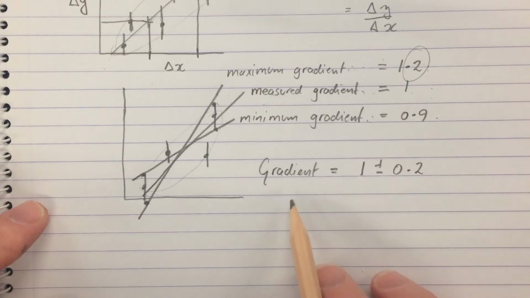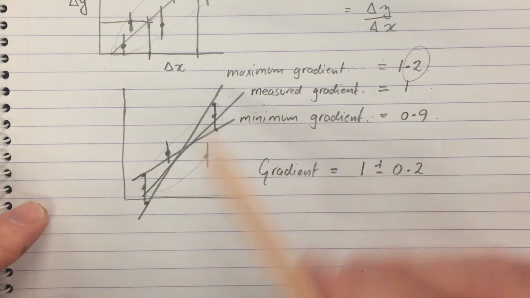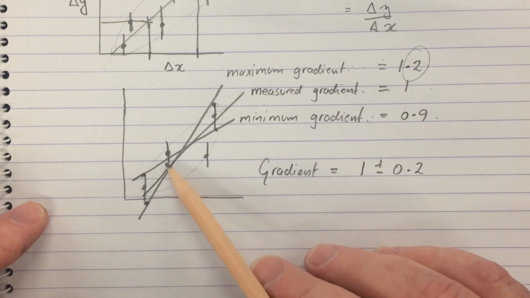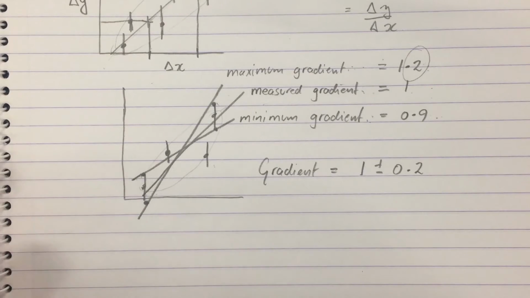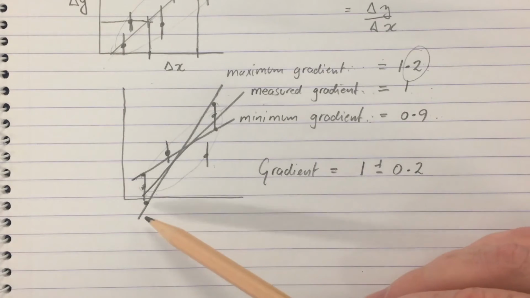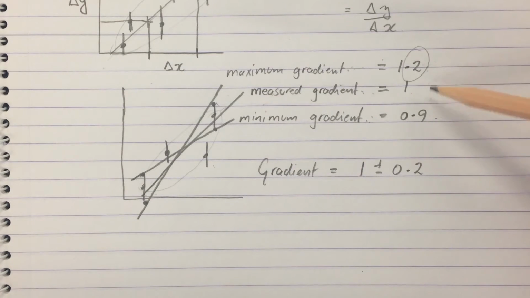So in order to express an uncertainty in the gradient, we're going to calculate the gradient first, then using the error bars that we've drawn in that correspond to the uncertainty in our measurements, we'll add a maximum gradient line and a minimum gradient line, and we'll calculate the gradients of each of those three lines.